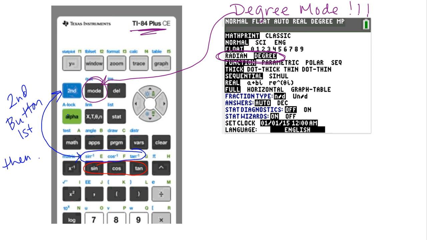Then these guys, these guys are just regular sine, cosine, and tangent. You don't have to push anything before them. But this is for inverse. You have to push the second button first, and then those ones above it. These calculators are like normal: you push the trig function first, and then enter the angle later. The phone calculators are the only ones that are backwards like that.